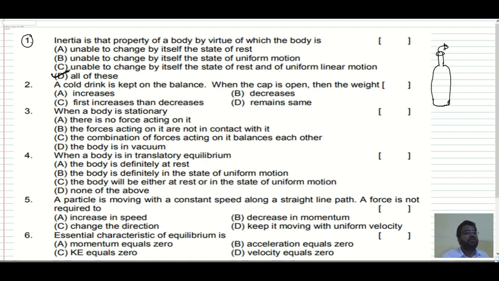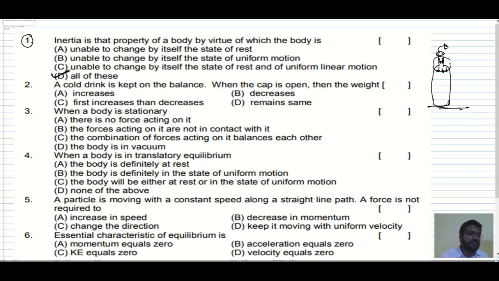Initially, whatever the pressure is there, due to the pressure, the reaction force will be in the downward direction, and initially the actual weight of this bottle, right, due to the reaction force.